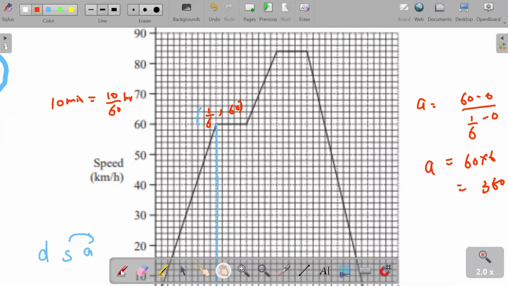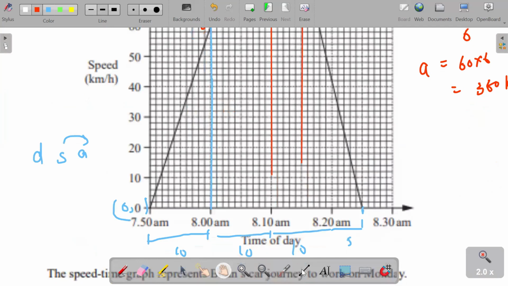I'm going to calculate the distance only for this portion. Look now, for this portion, this is almost 5 minutes, and this vertical length is 84.